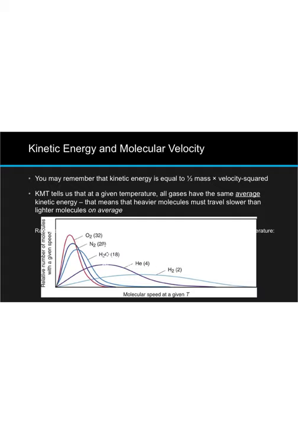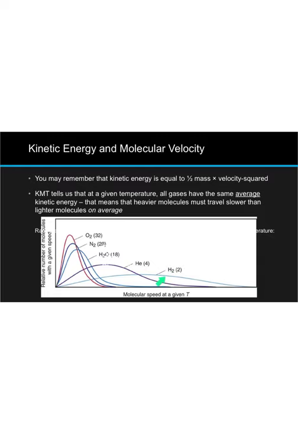For example, if we compare the average speeds of oxygen, nitrogen, water vapor, helium, and hydrogen gases like you see in this plot here, we see that the average molecular speed, which is the peak of any one of these distributions, is farther and farther out along the x-axis, the lighter some gas particle is.